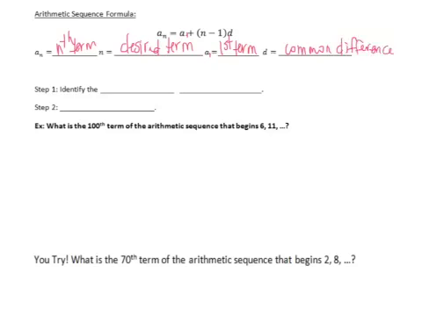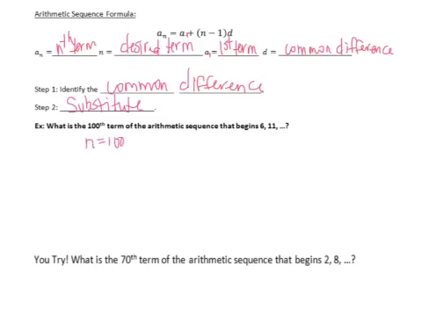Alright, so step 1. We always want to identify what our common difference is, if possible. Without that, this will be difficult. And then step 2, we're just going to substitute in all the values into our formula. Alright, so it says, what is the 100th term? So I know right away n equals 100. It's our desired term.